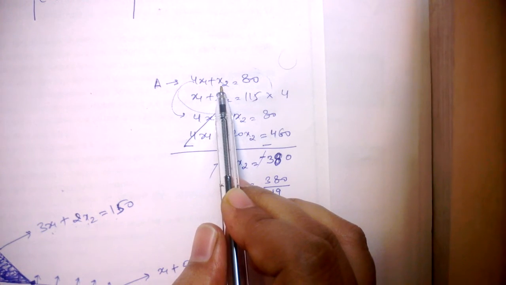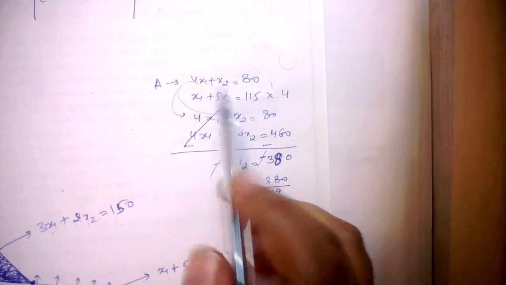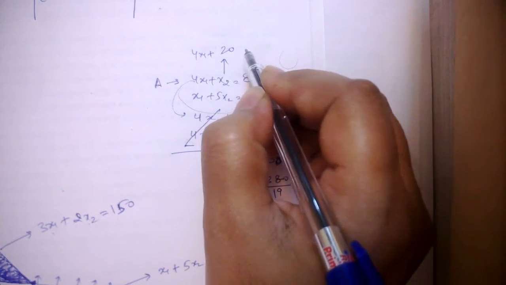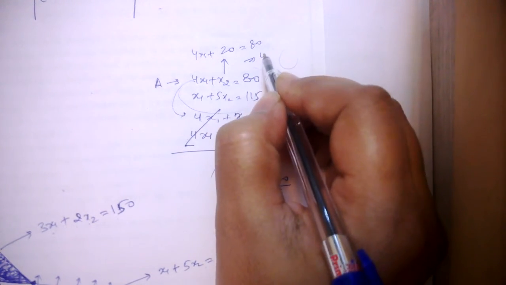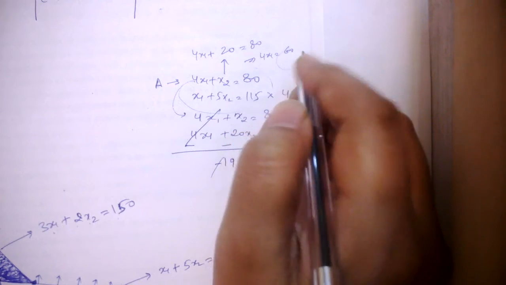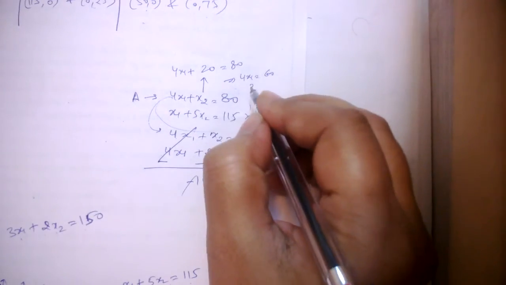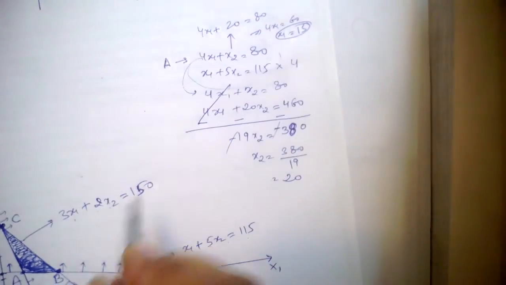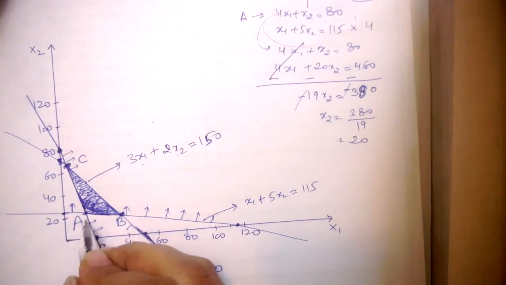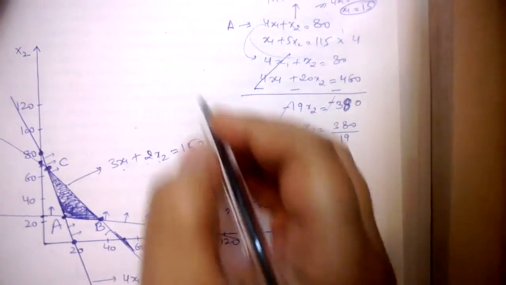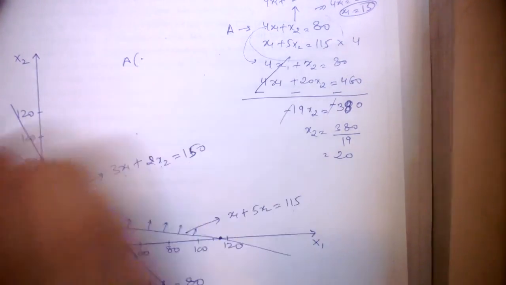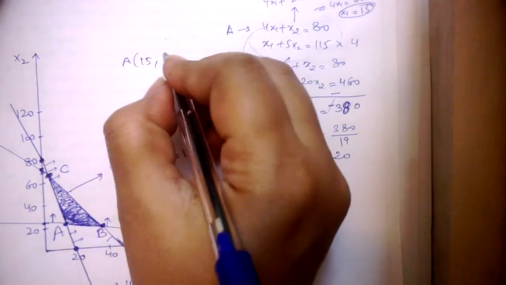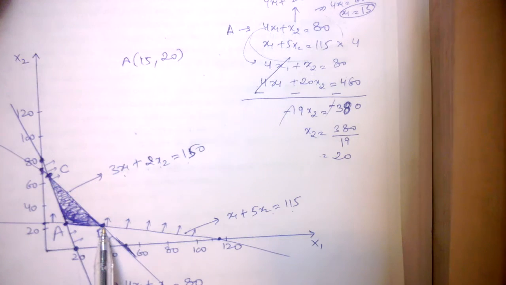Putting x2 equal to 20 here, we get 4x1 plus 20 is 80, which implies that 4x1 is 60, which implies that x1 is 15. So the coordinates of point A are 15 and 20.